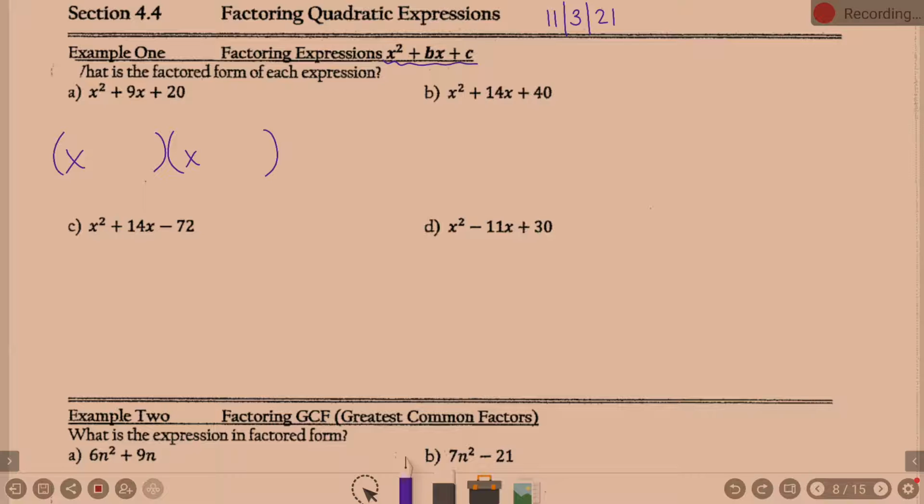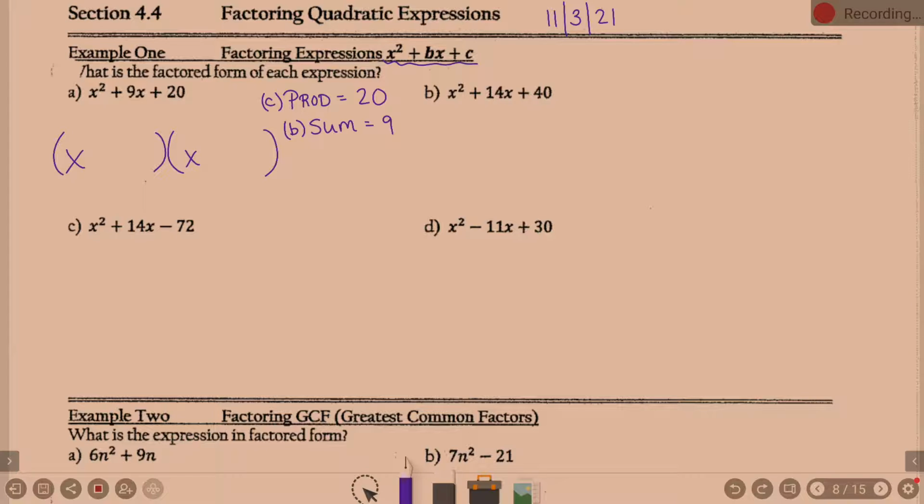So we need two numbers that give me a product of 20. And 20 is my C value. And those same two numbers also have to give me a sum of 9, which is my B value. Now, I'm using those fancy math words of product and sum.